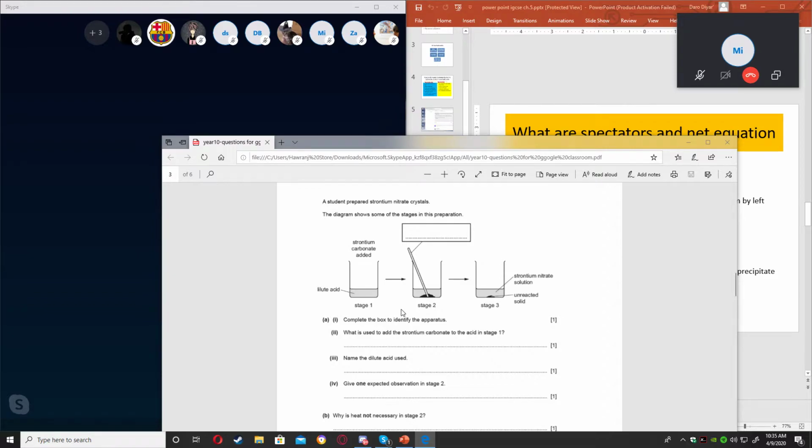Who can tell me which acid we use in the question? Ara Saeed, what is that acid used in this question? Basically, we can see that the new soluble salt is strontium nitrate, so this shows that the parent acid is nitric acid.